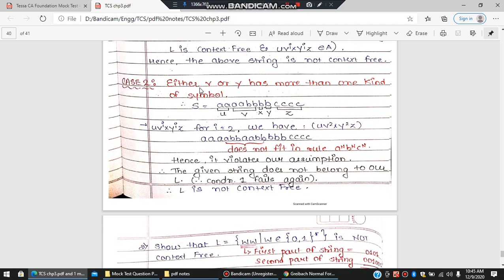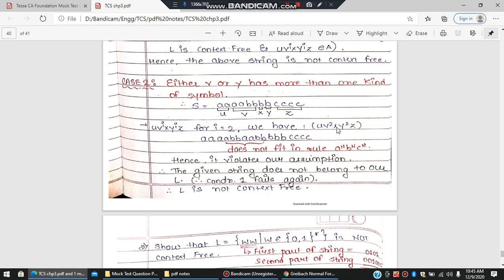Similarly, you can have one more case where we are trying to prove that if we take a combination of symbols also, then still it is not context free. So again, you will divide it into parts the way you want.